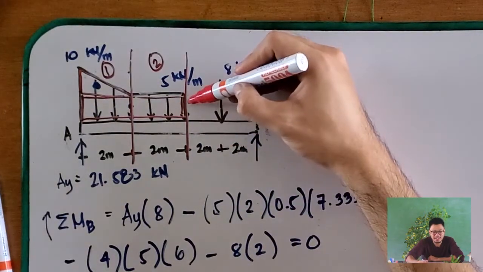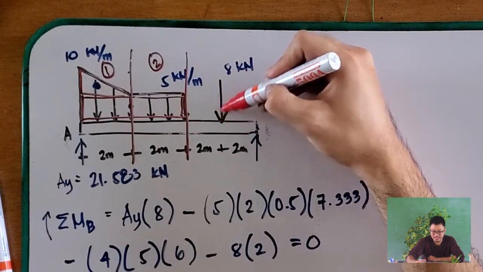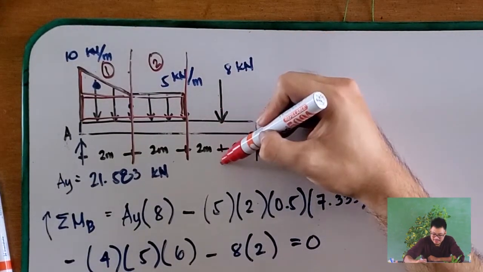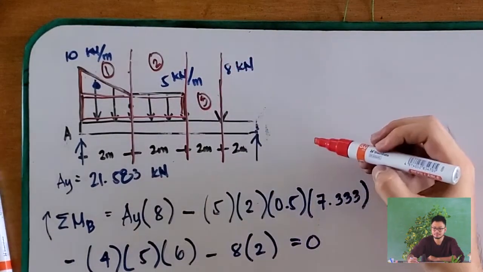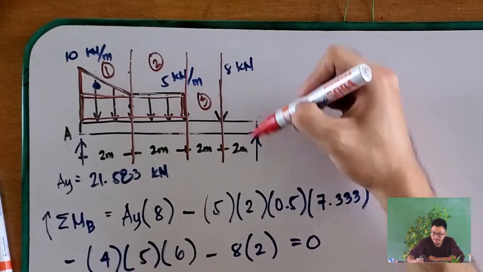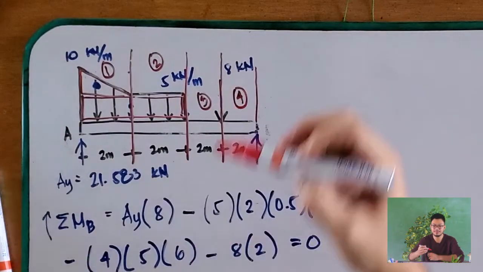There is no loading here, but there is a concentrated force here of 8 kilonewtons, that is your segment 3. And there is no load from here until there, that is your segment 4. So in this problem, you have to create 4 pairs of shear and moment equations.